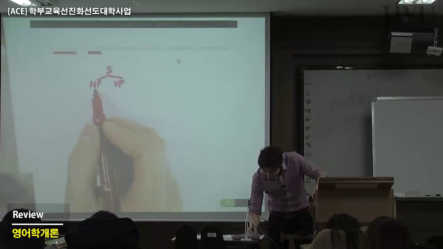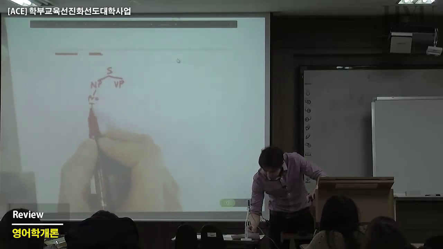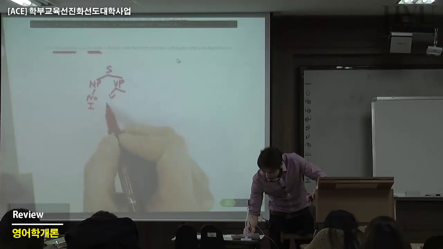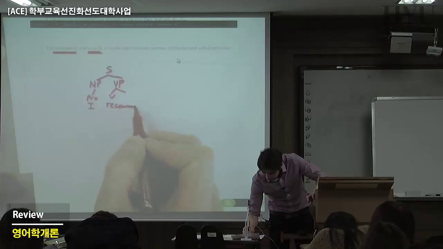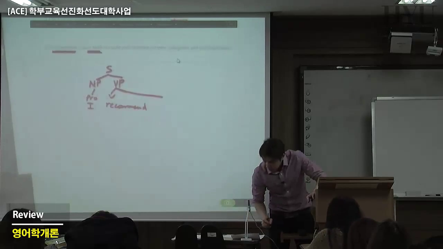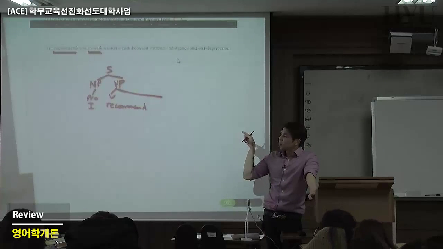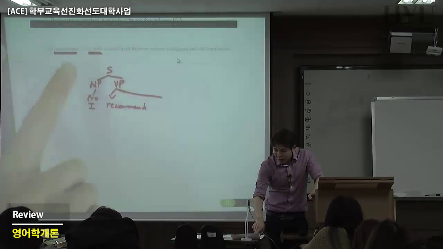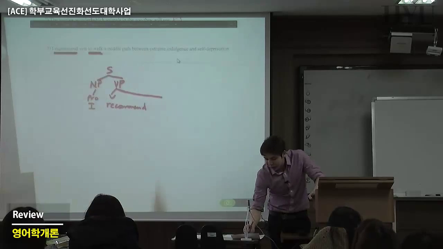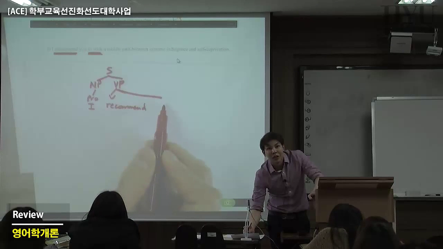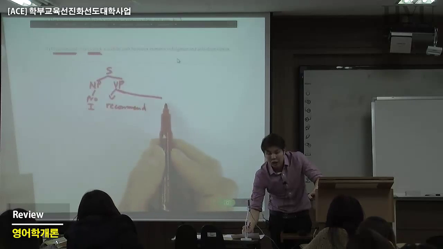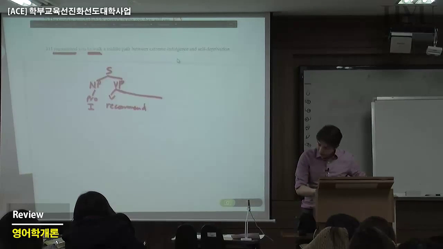I is here, pronoun. And recommend is here, right? Before you go on, you have to stop here, and don't just write you as an NP here, because it's a subject of another clause. So start off a new clause right here, okay?